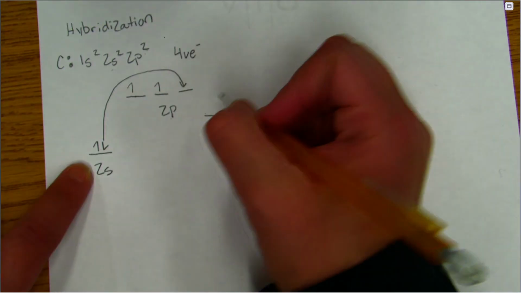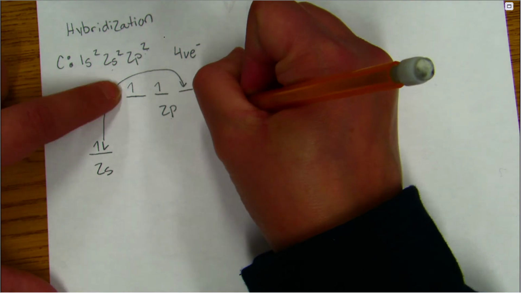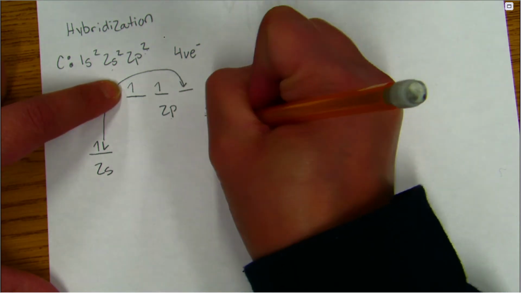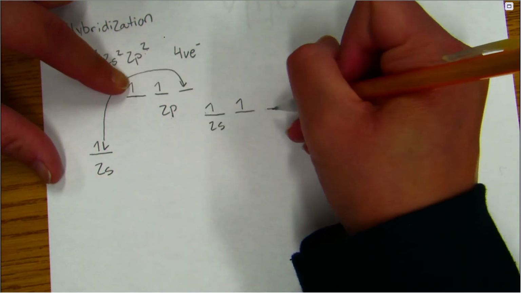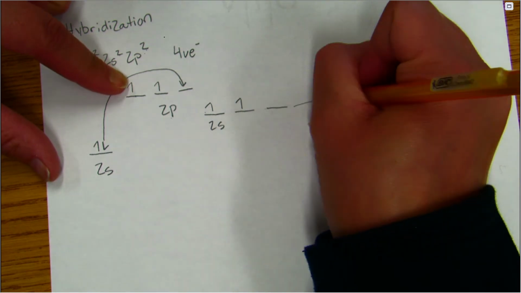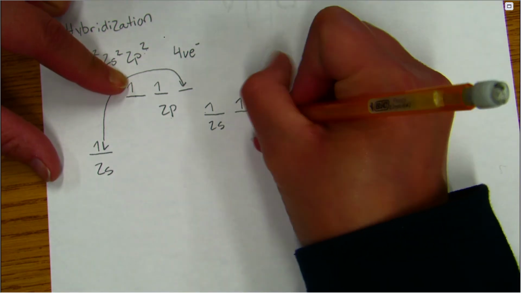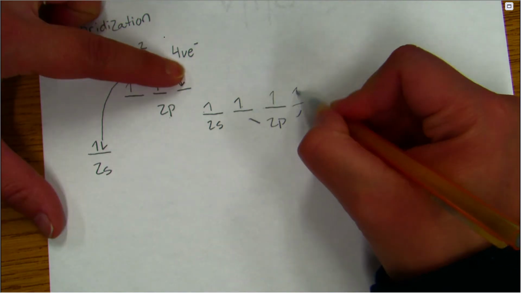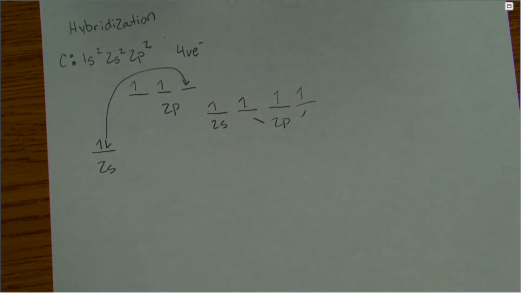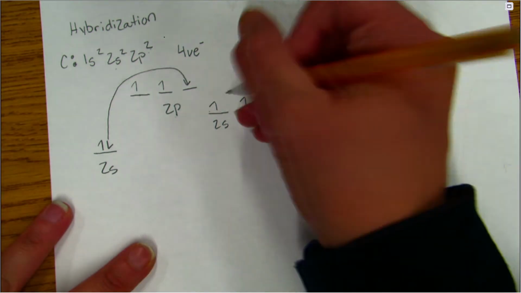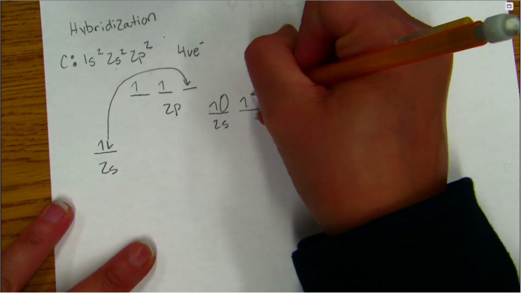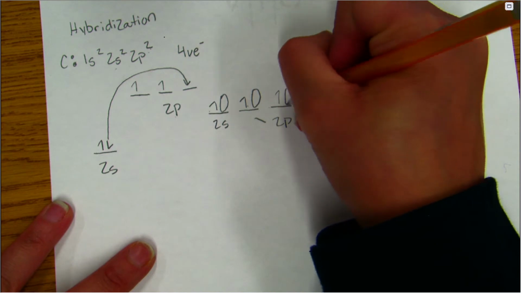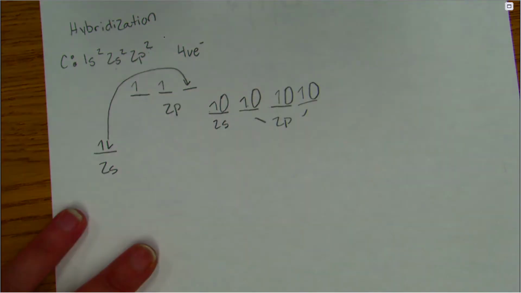So I have 1 electron in the s, this is the 2s, and I have the 2p. So I have an electron here, this is an electron, and then 1 moved up. So now what I end up with is 4 unpaired electrons.